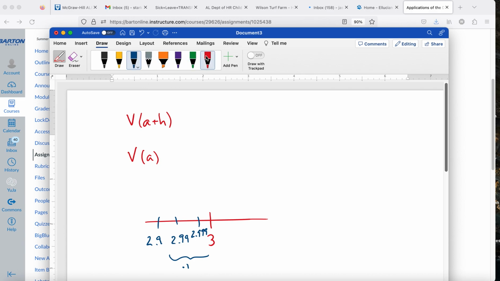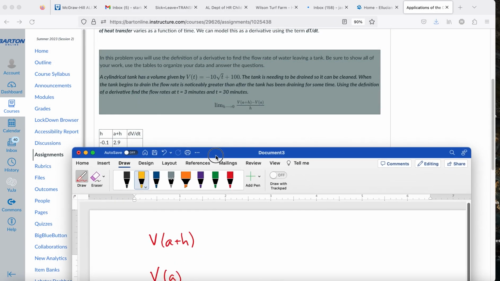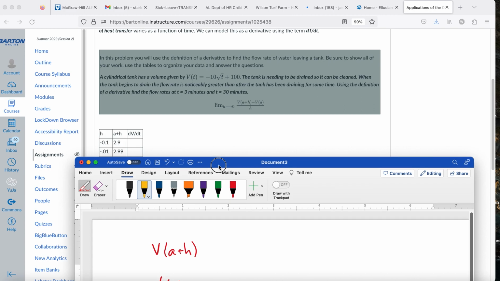As we get closer to 3, the h value gets closer to 0. I've set the table up for you so that you don't have to think much about what you're doing other than plugging in these values, 2.9, 2.99.